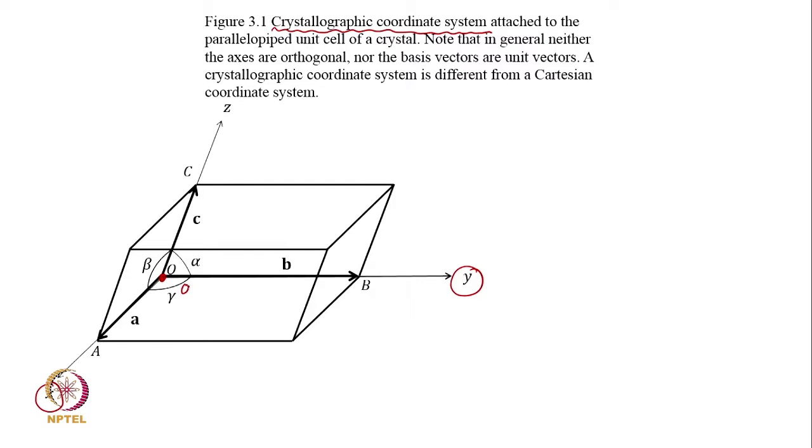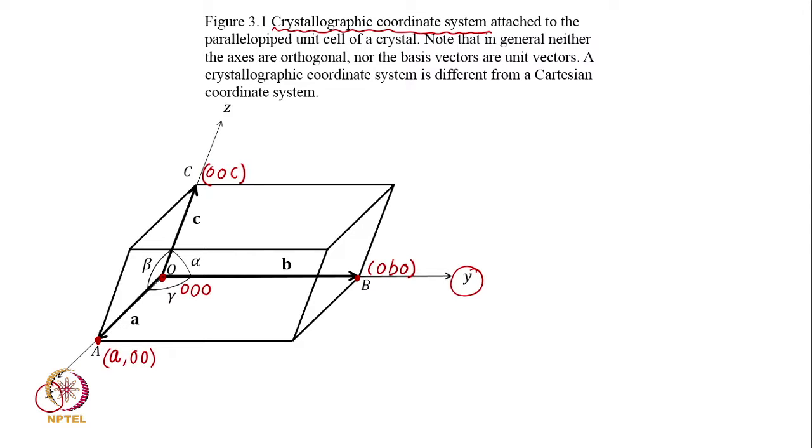So, origin obviously has the coordinate 0, and then there is a lattice point at A, because A is a lattice translation. It takes me from a lattice point at the origin to another lattice point at A. What is its coordinate? A 0 0. And what will be the coordinate of B? 0 B 0. Here itself you are seeing the beauty of the crystallographic coordinate system.